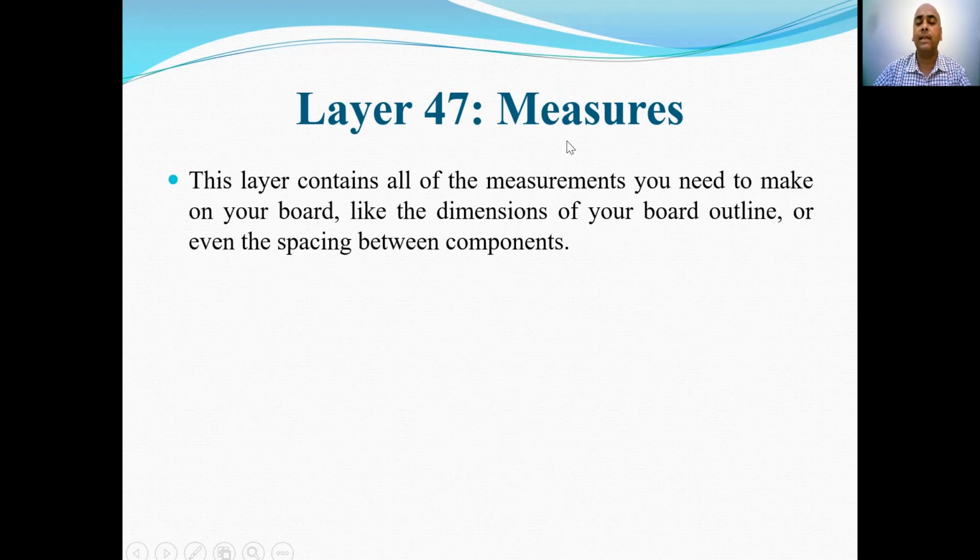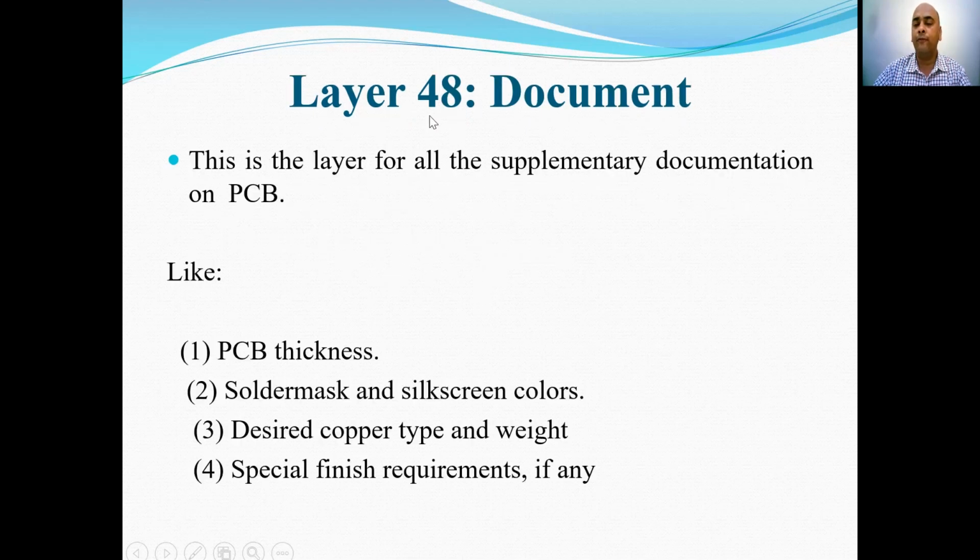Layer 47 is called the measure layer. This layer contains all of the measurements you need to make on your board, like the dimensions of your board outline or even the spacing between components. Layer 48 is called the document layer. This is the layer for the supplementary documentation on the PCB.